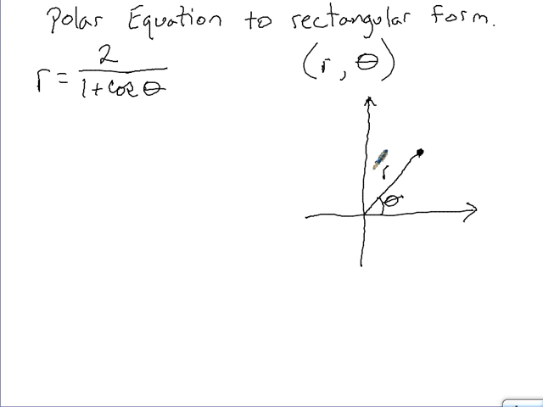So in order to get the rectangular coordinate, we would look at a different type of system in which we looked at the distance along the x-axis compared to the distance along the y-axis that corresponded with our given point.